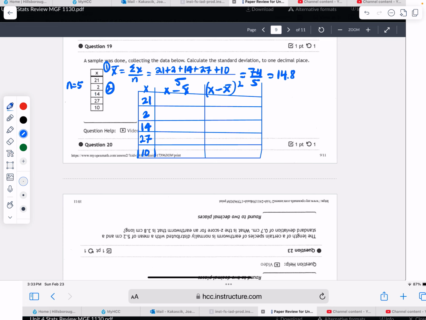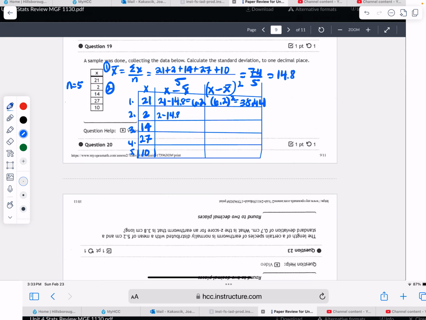I'm going to take my first value in the first row. 21 less 14.8 equals 6.2. Now I'm going to take 6.2 and square it, and that equals 38.44.